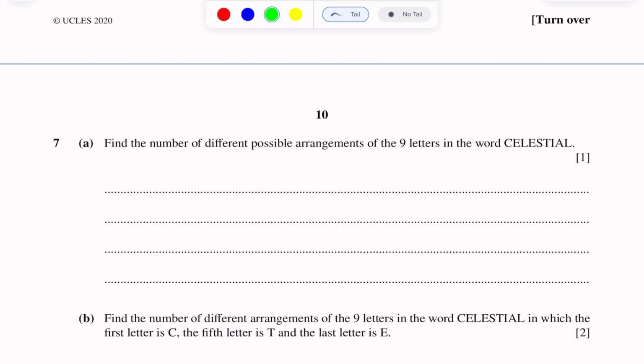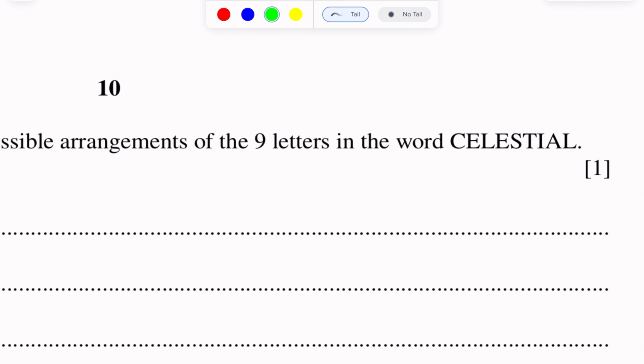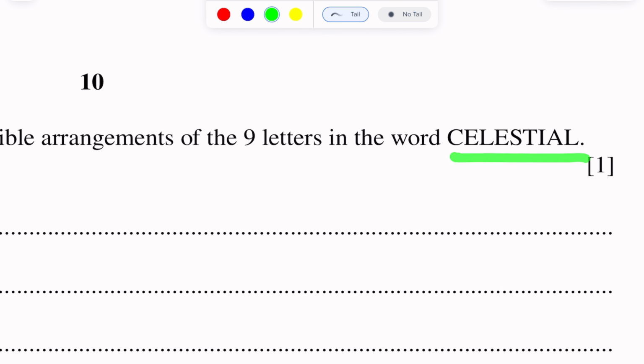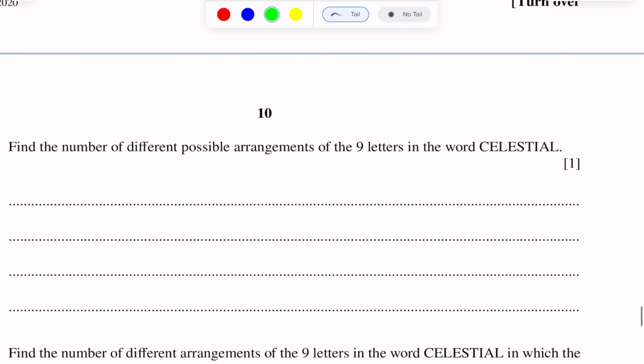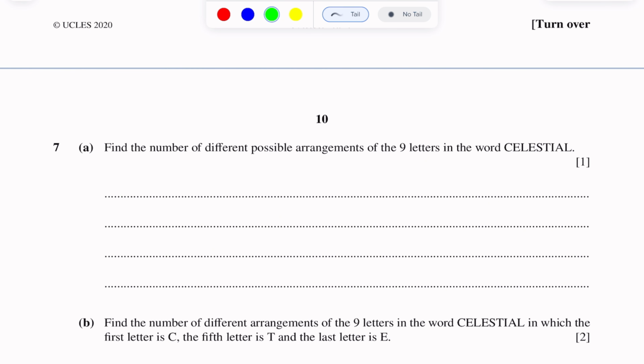So first, the total number of letters is 9, but two letters, E's and L's, are repeated. There are two E's and two L's. So first we write the total number of letters, 9.